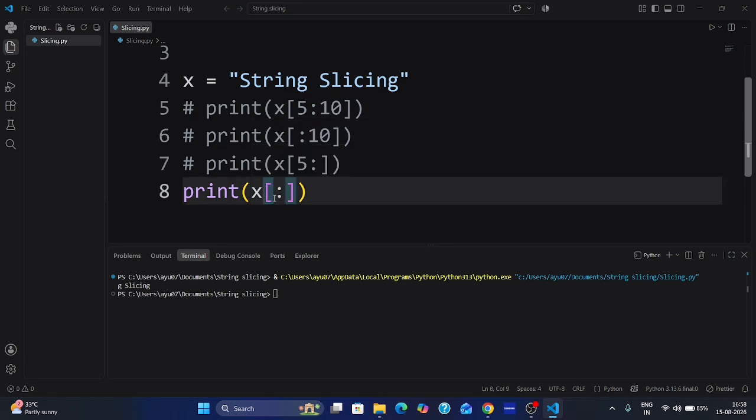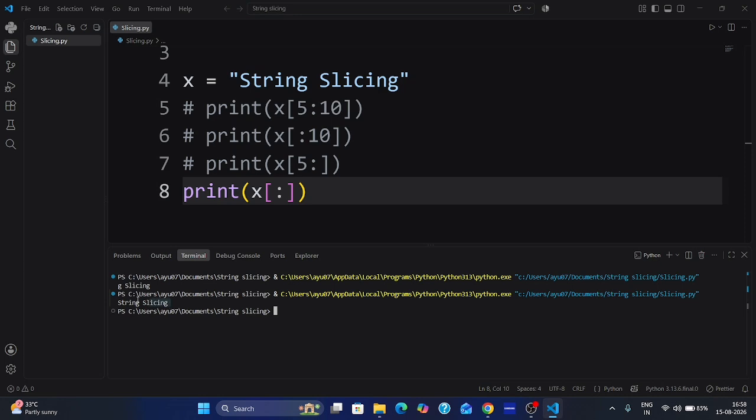So here the starting value is not mentioned, and the last value is also not mentioned. So it will print the whole variable. It will print the whole value. Let's see, string slicing. When you use colon, it will print string slicing.